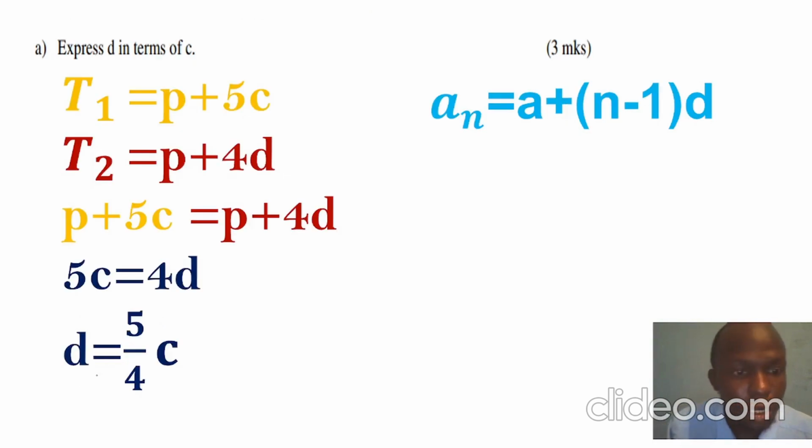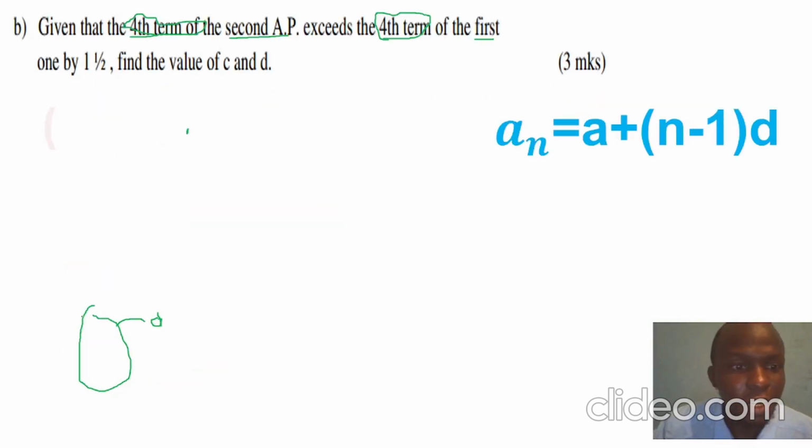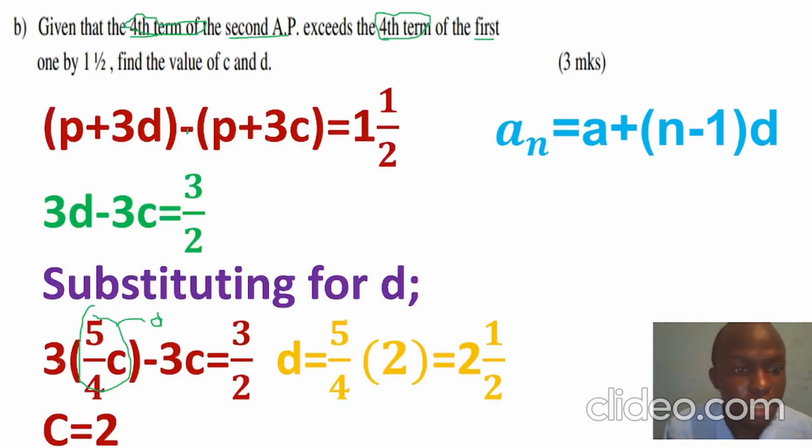You see that D is equal to 5 over 4 C, and that is why we have decided to substitute D with 5 over 4 C. Now after doing the evaluation, the value of C is 2, and then we can substitute for C and get the value of D as 2.5.